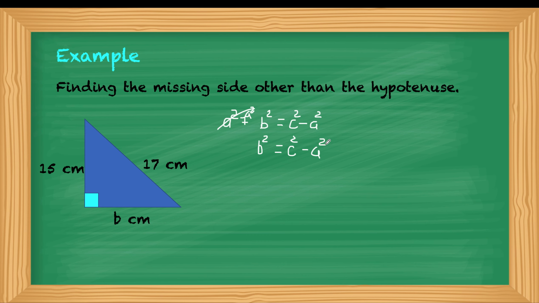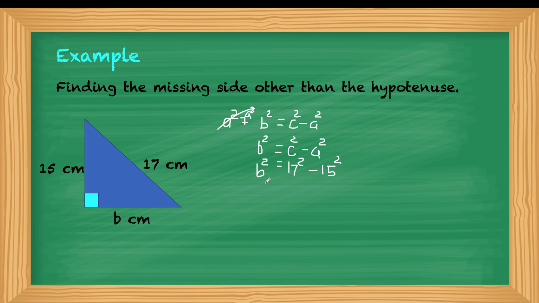Now I want for you to replace for me the c and the a. What would our c be in this case? Very good. So our c would be 17, and we need to square it. Our a would be 15, and we also would need to square it. And we are still on the hunt to find our b.